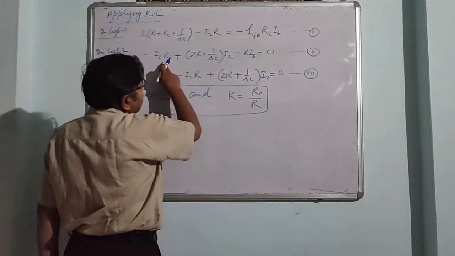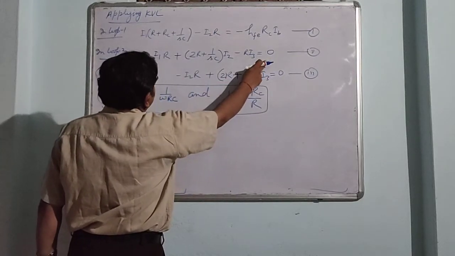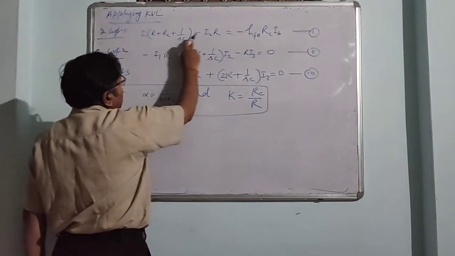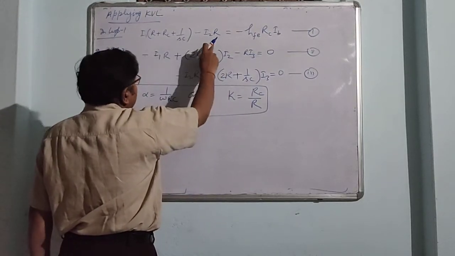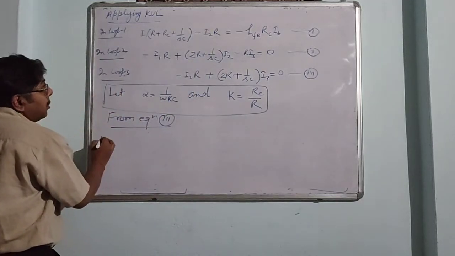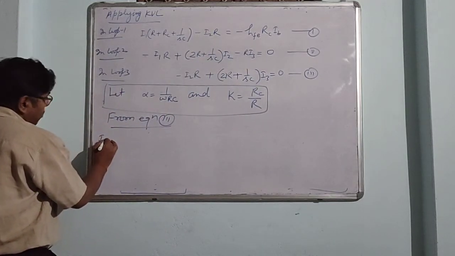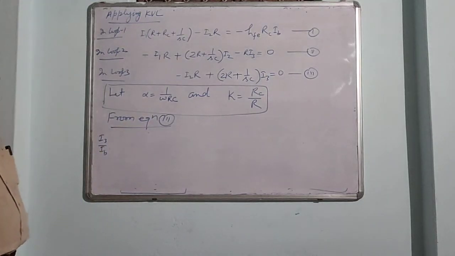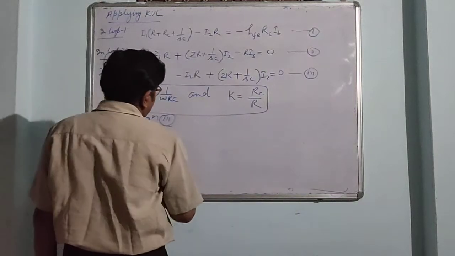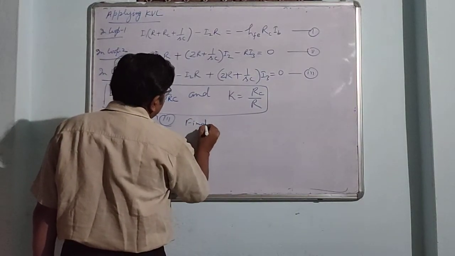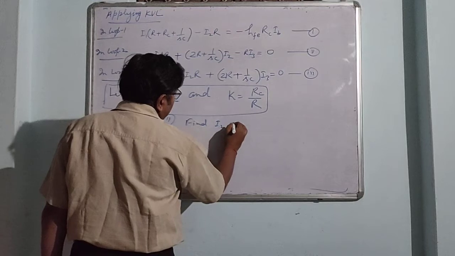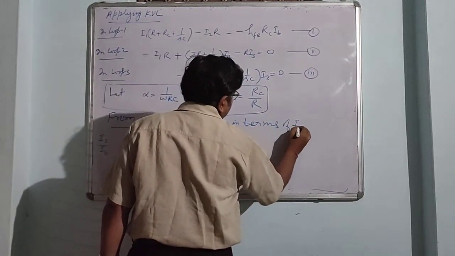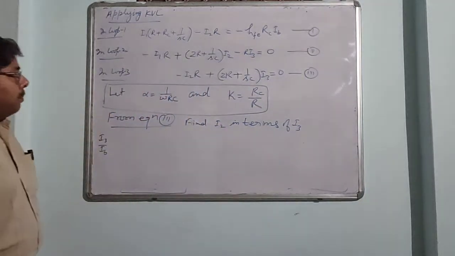Then I1 in terms of I3, and replace values of I1 and I2 in this equation in terms of I3. Then we will get this ratio. Finally, we have to find out this I3 upon IB. So procedure is, first from equation 3 find I2 in terms of I3. This is the first step.